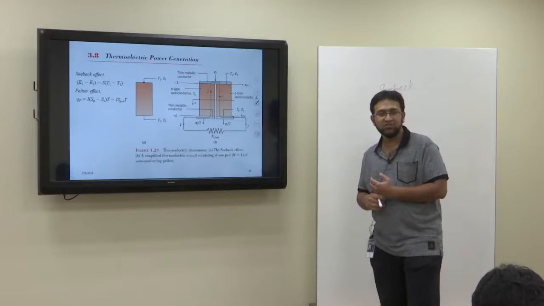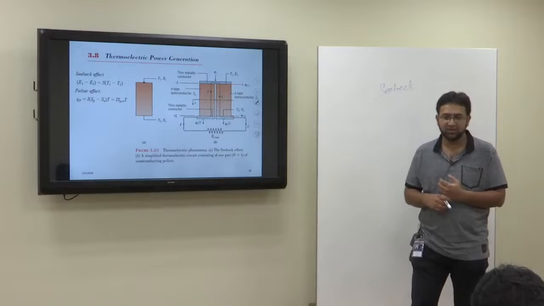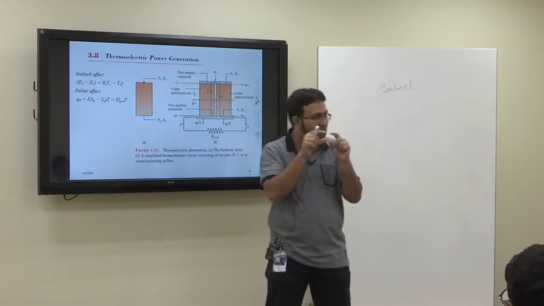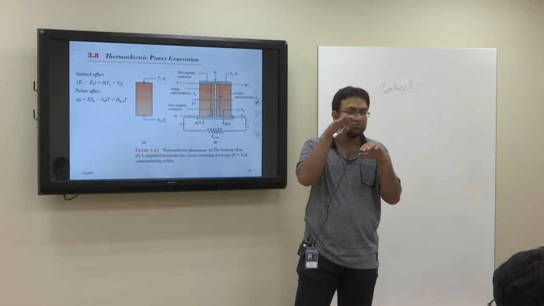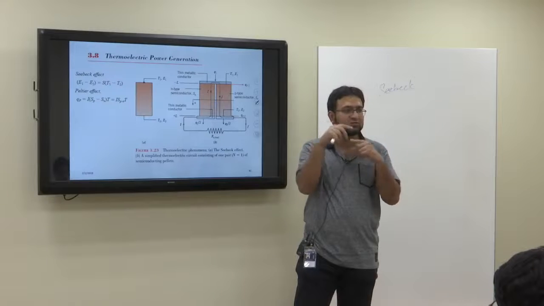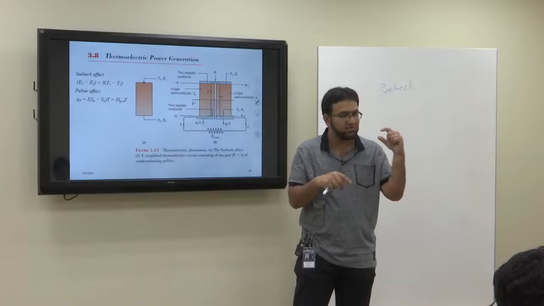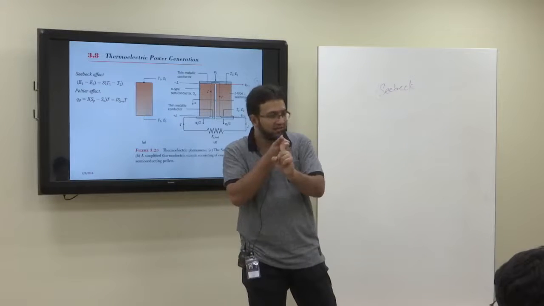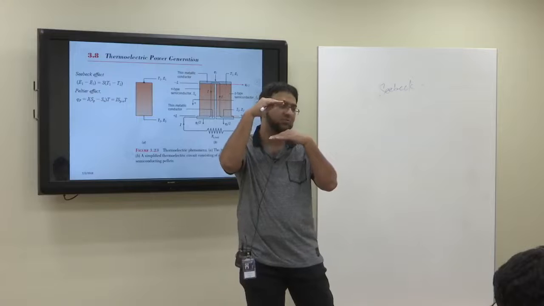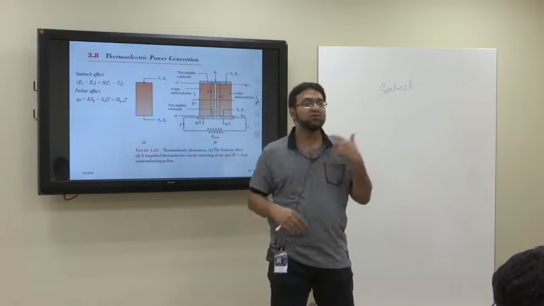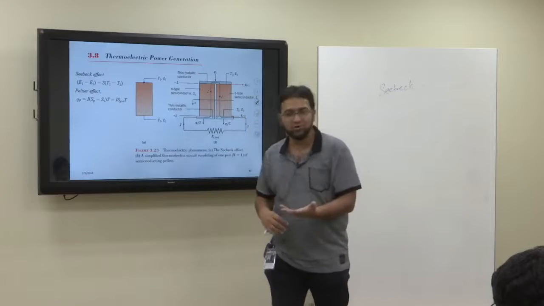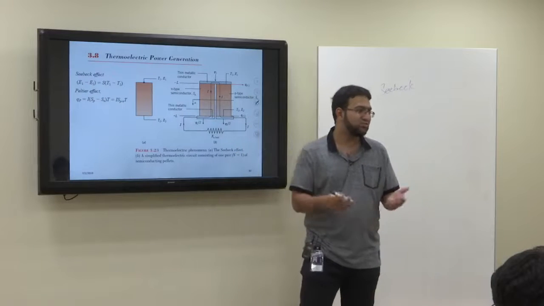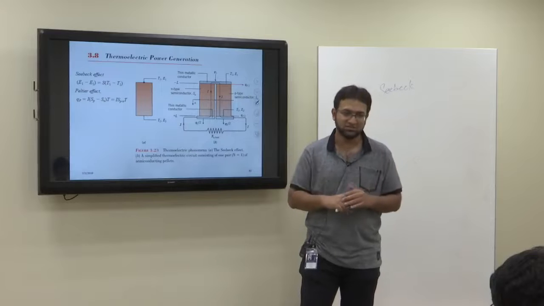Okay, so what we do is that first of all we make a p-n junction of semiconductor materials. So we produce the temperature difference not across just a single semiconductor material. We make a p-type semiconductor, we make an n-type semiconductor, we connect them, and we produce the temperature difference across them. Now there is a possibility of generating a little more amount of current. But still it is not useful because that little more is also very much less.